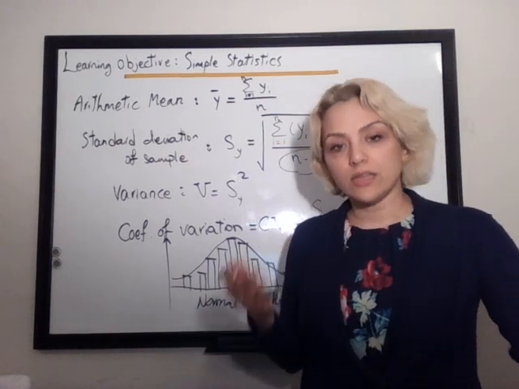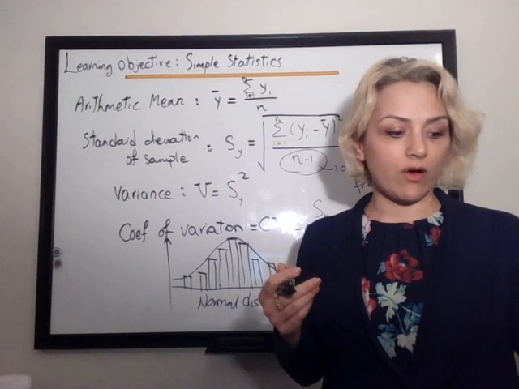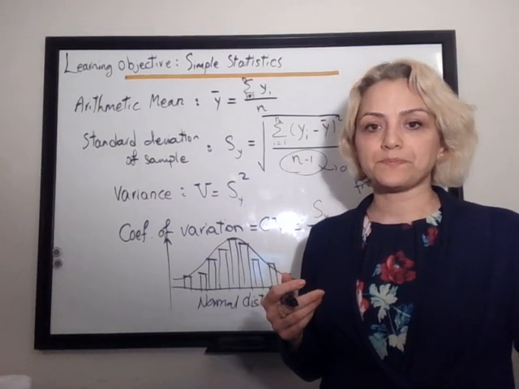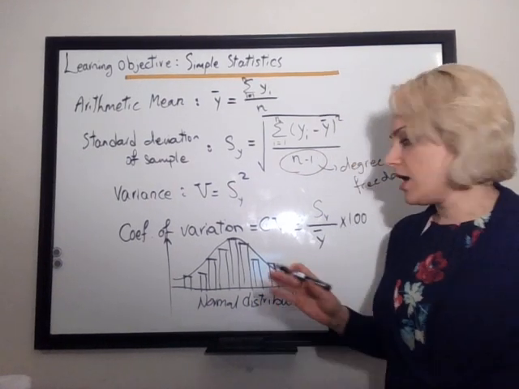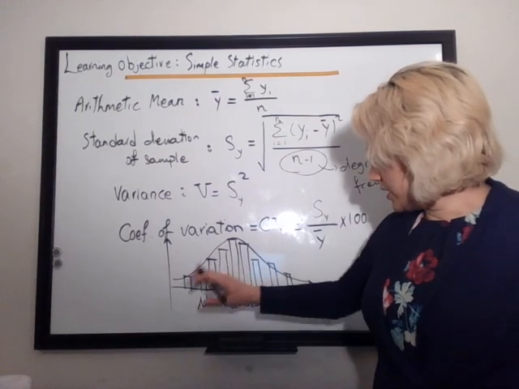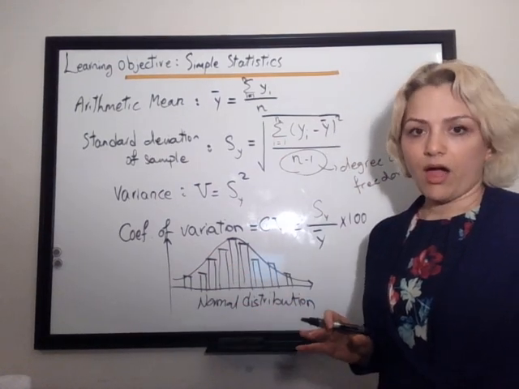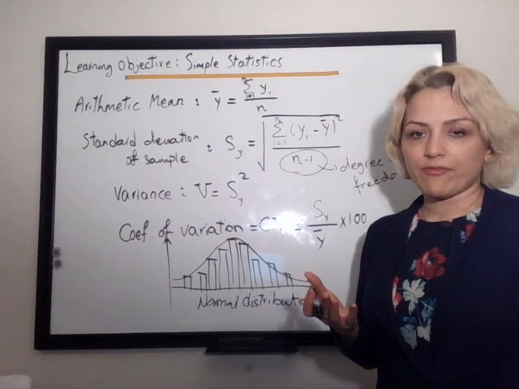And at the end, 99% of the measured variables will fall within 3 standard deviations. That's what we would say for the standard deviation and the mean of our sample.